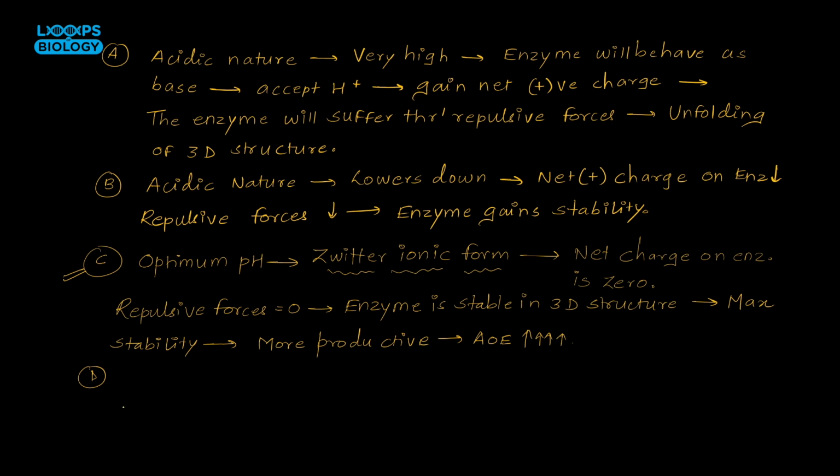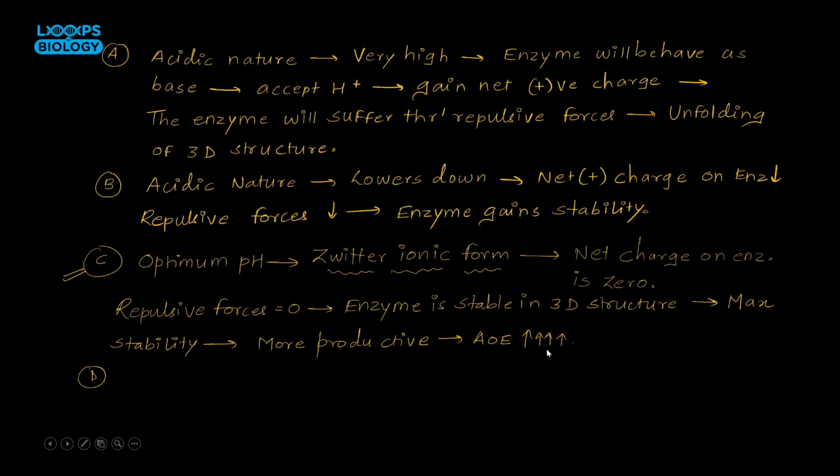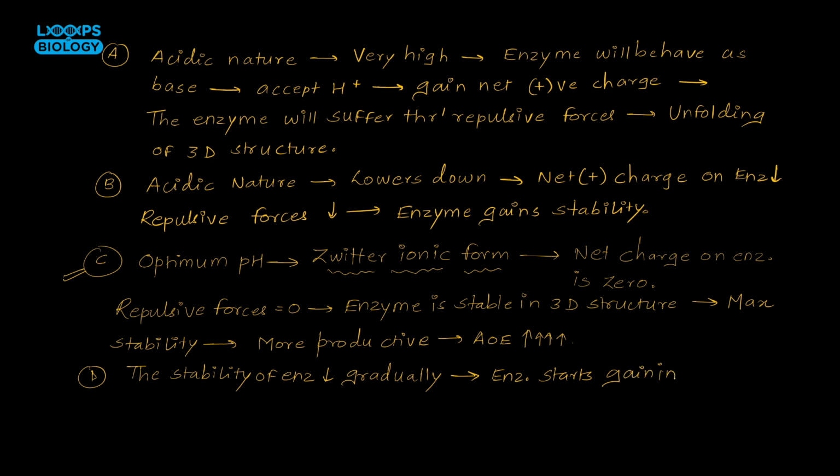Now case D, as the enzyme activity is reducing down, showing a gradual reduction. In this case, the stability of the enzyme decreases gradually, not suddenly, guys. Why is that happening? Because the enzyme starts gaining a net negative charge.